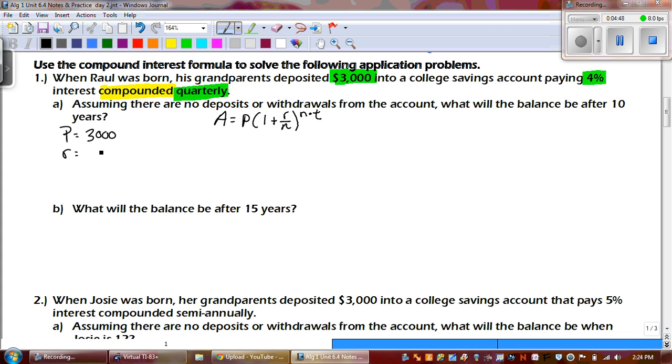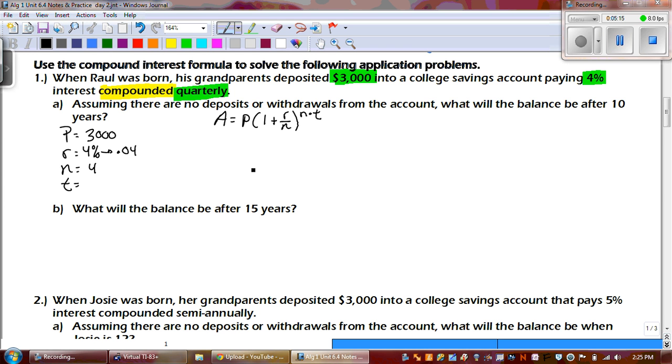Our rate is 4%, and that 4% is 0.04. N is how it's compounded, and it's compounded quarterly. And quarterly means 4.